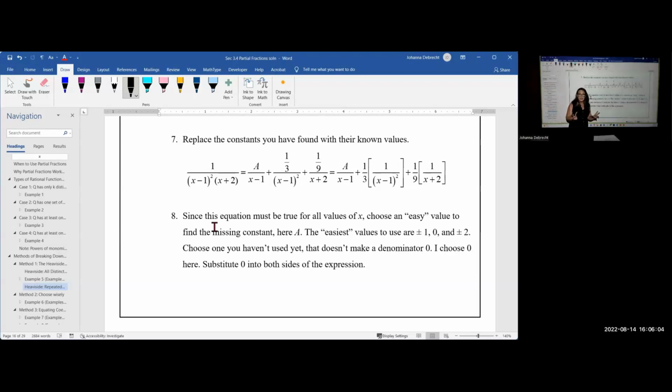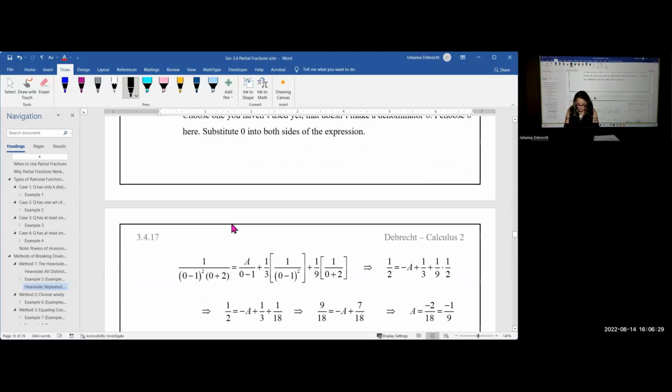Now, the easiest value is 0. The next easiest is 1 and -1, and then 2 and -2. I wouldn't want to plug in a 1 or a -2. That would cause the denominator to be 0. But I could plug in 0. So if I plug in 0 on both sides of this equation, then I should be able to figure out what a is.